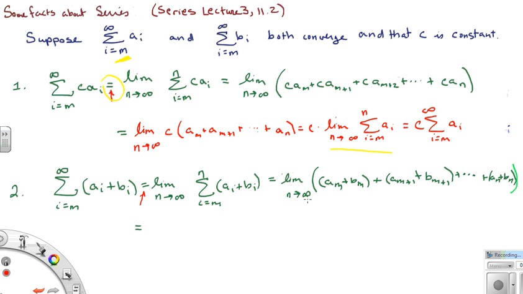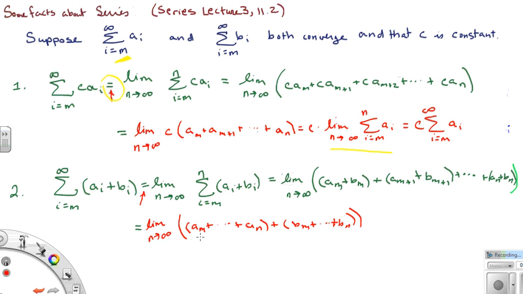That's the limit as n goes to infinity of just expanding them all out. And we've got the commutative law of addition, which says I can rearrange the terms. I can write that as the limit as n goes to infinity of what I get when I group the a's and group the b's: a_m plus all the way up to a_n, plus the sum b_m all the way up to b_n.